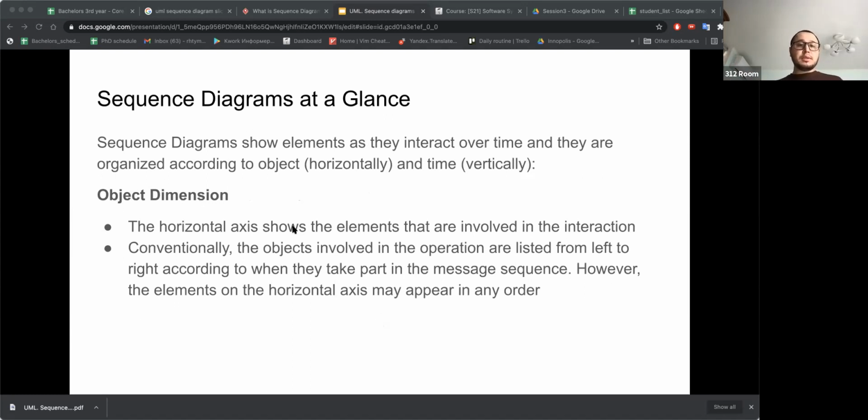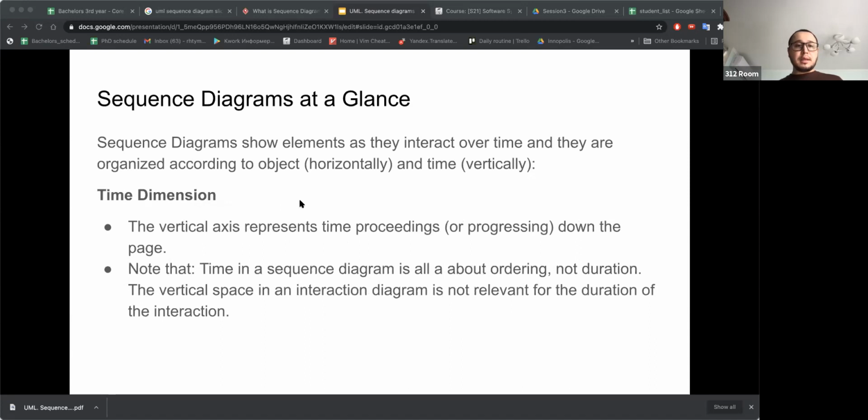The object dimension starts from left to right, and shows the objects, I mean the elements of your system that have some interactions. In the second dimension, the time dimension, you can show how these objects are behaving within your system.